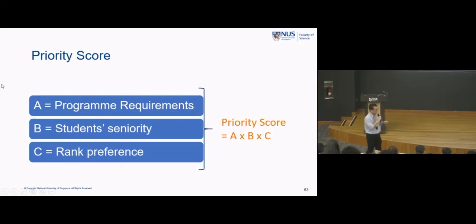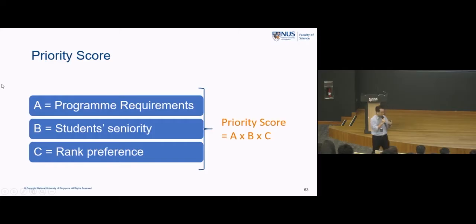Okay, so third thing is, of course, ranking. So your ranking reflects your priority towards those courses. Something that you put as rank 1 means you want to have it the most. Something that you put in rank 2 means I hope I can get this, but it's not as important as the one that I put in rank 1. So as you go into the system, you not only select the courses, you rank them as well.